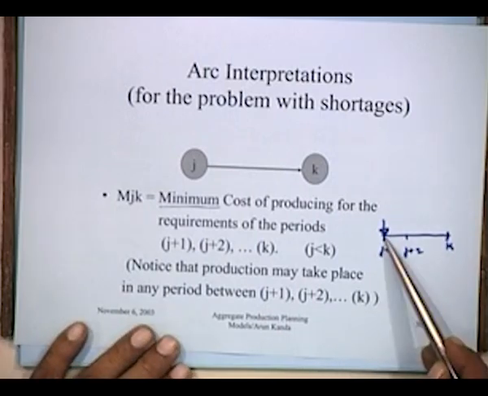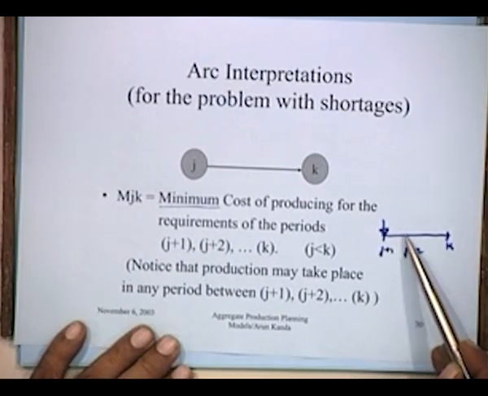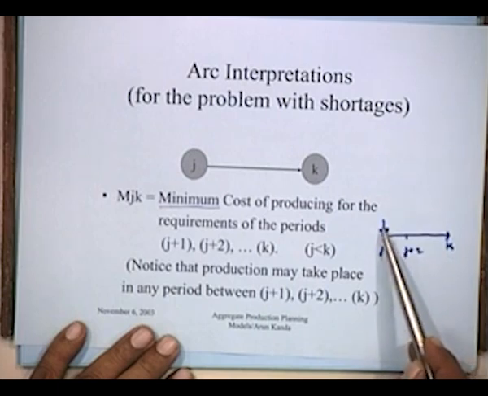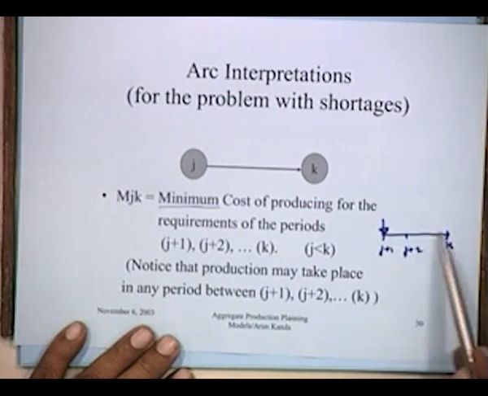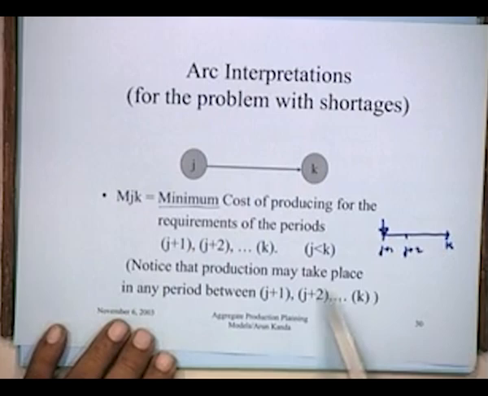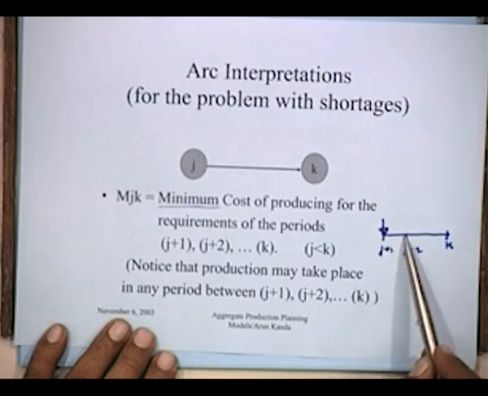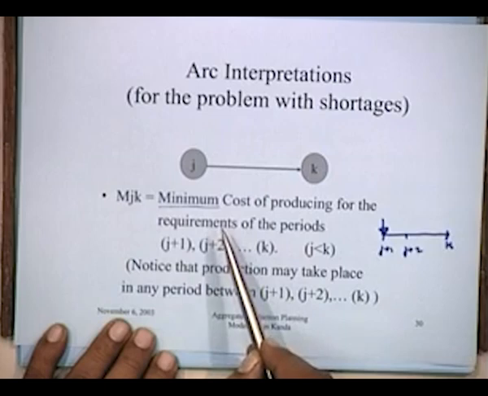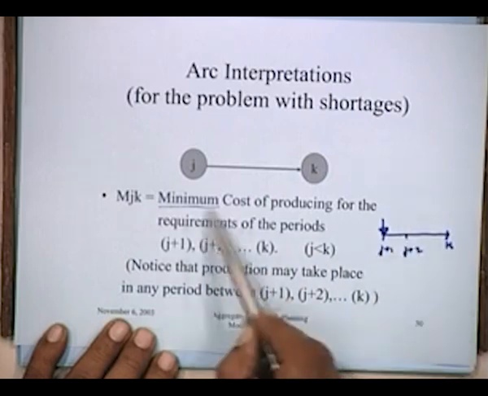which means you can be producing here, then you can be producing here also, because if you produce here there will be inventory holding costs here and shortage in this period. Then in here also you have this. So what you have to possibly do is calculate the total cost MJK for each one of these possibilities of producing here or here or here, and then take the minimum over these values, and that is actually the minimum cost.